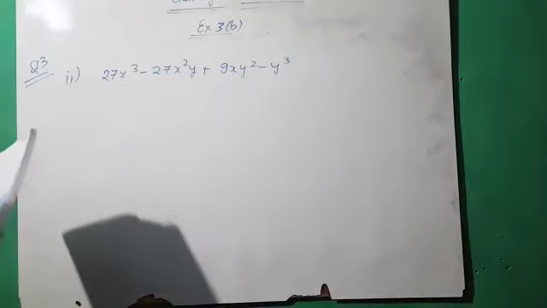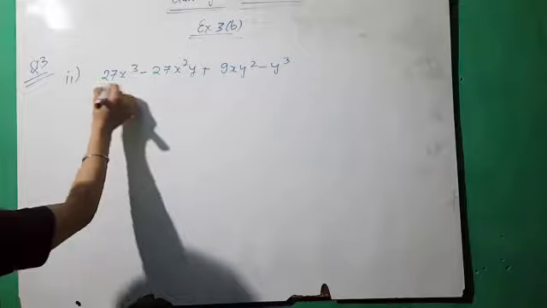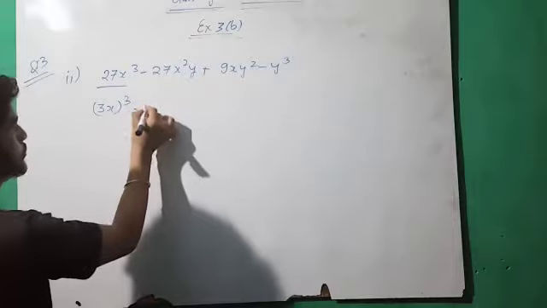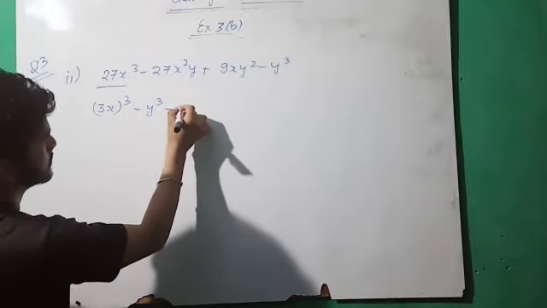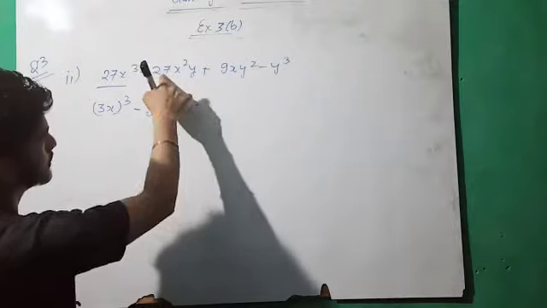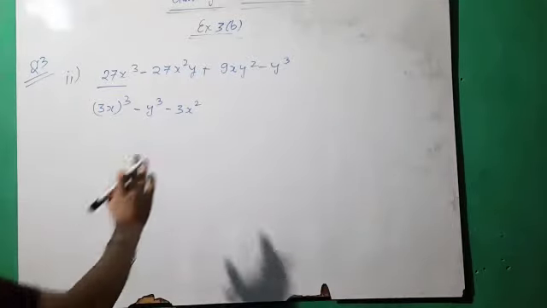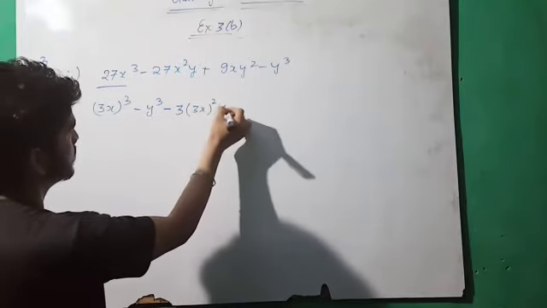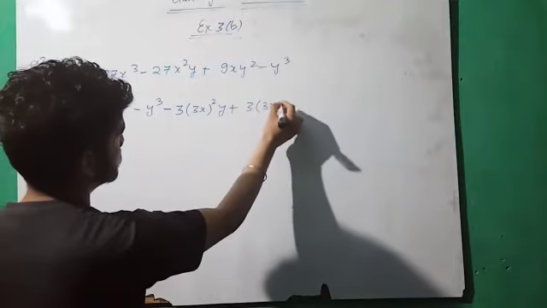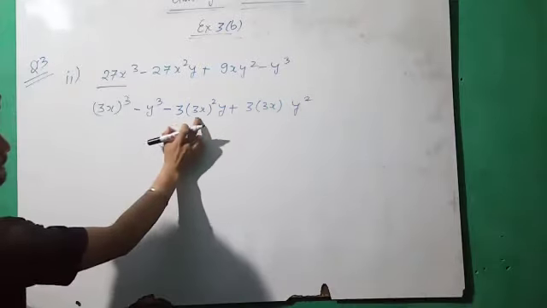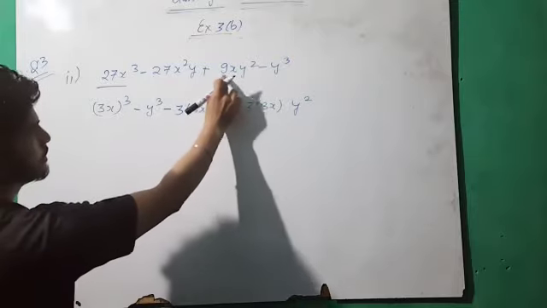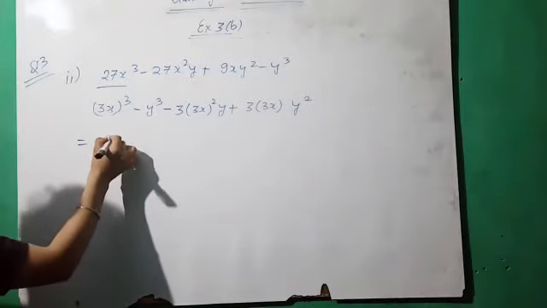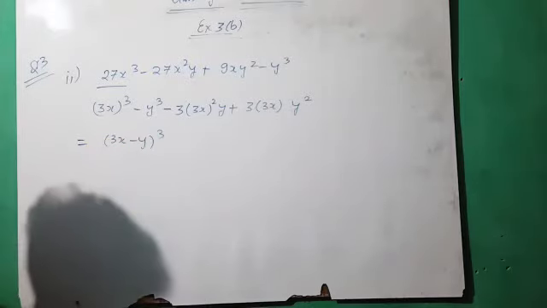Actually this is the type of (a minus b) cube: a cube minus b cube minus 3a square b plus 3a b square. Here a is 3x. So 3 into 3 into 3 is 27 x square y, 3 into 3 is 9 x y square, and minus y cube. So this is the form of (3x minus y) whole cube.